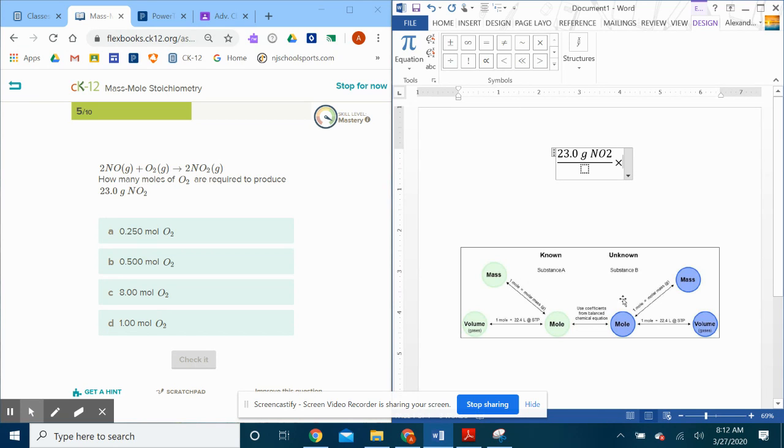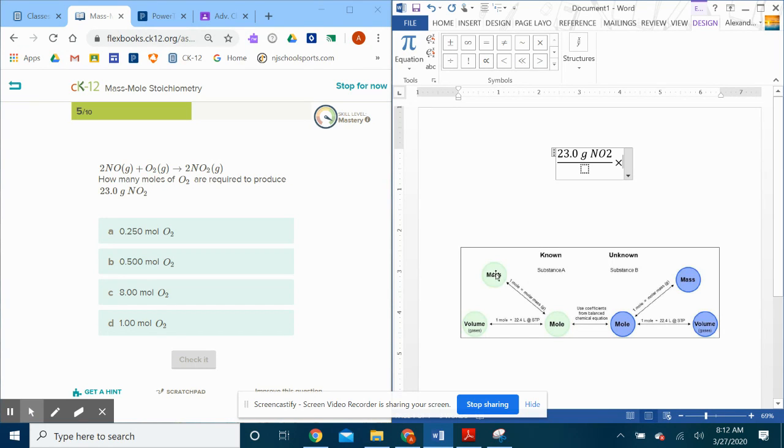Now, taking a look at this sheet here, this little cheat sheet, we're starting off with mass of our known. This is going to be our mass of our NO2. What we're trying to find is how many moles of O2. Oxygen gas will be our unknown.